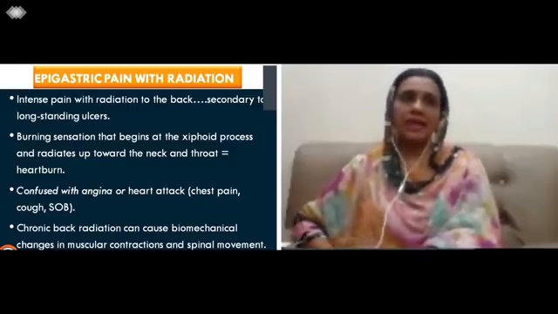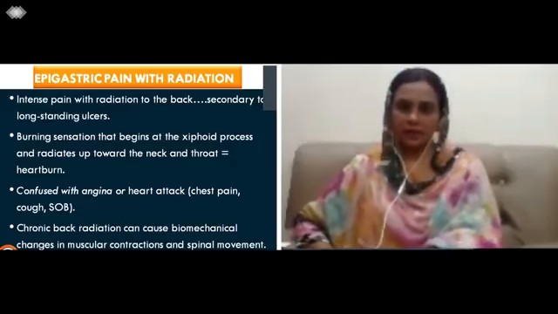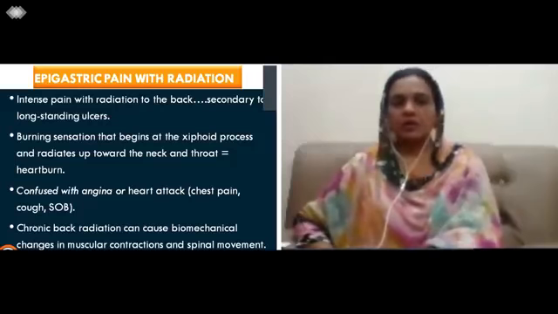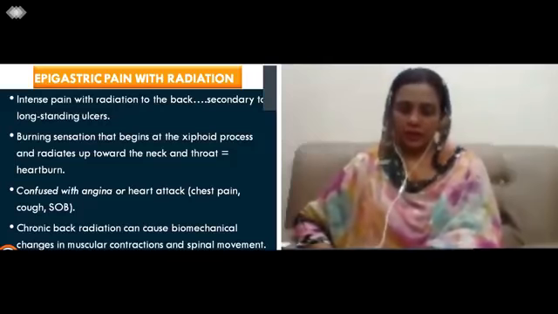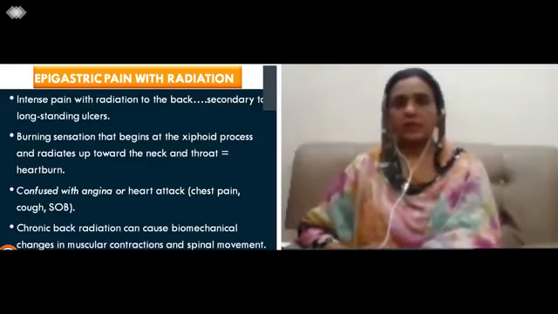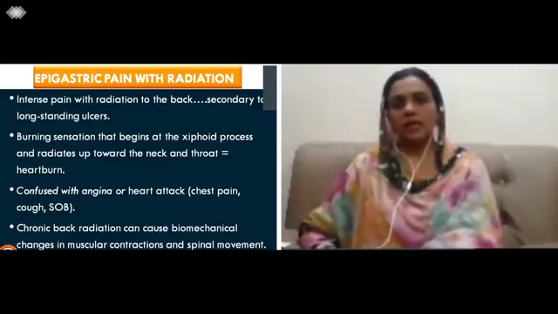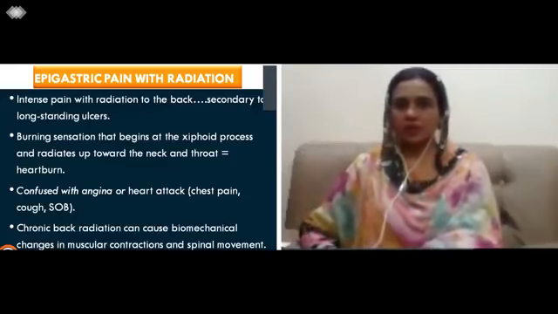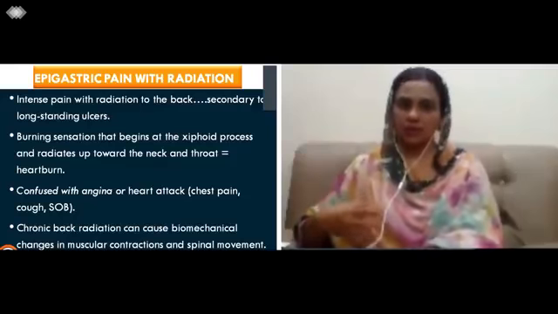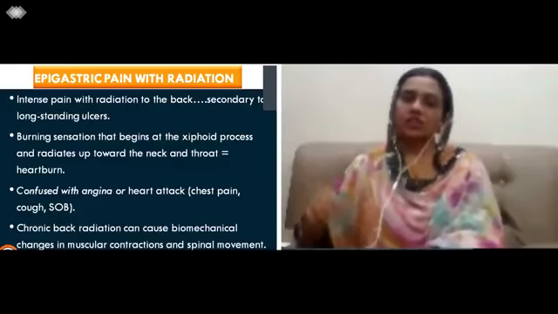Then the blood will be bright red, and the blood will be evident. So you need to be very conscious about these changes. Then there are signs and symptoms where the patient sometimes has epigastric pain and there is radiation to the back.